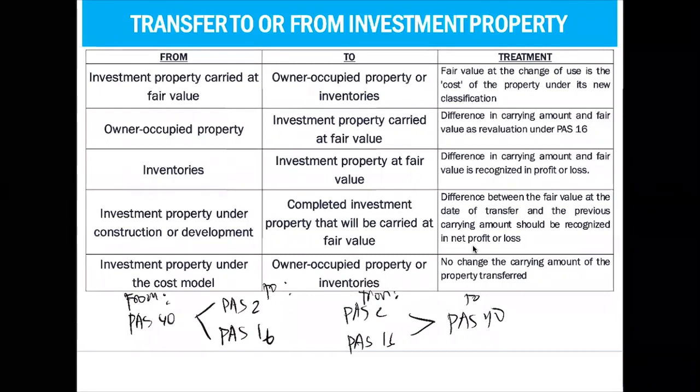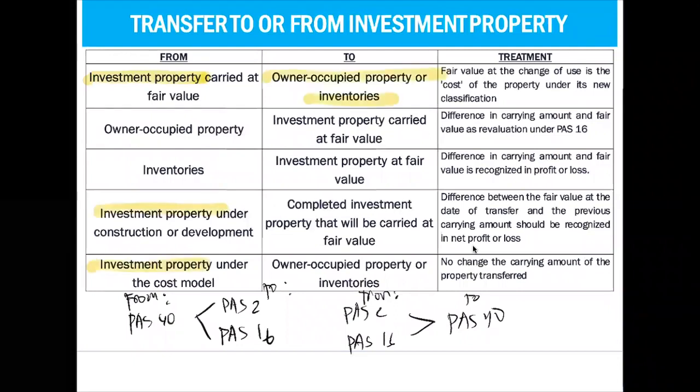If it's from investment property to either owner-occupied property or inventories, you will treat it at the fair value at the change of the use. So whatever is the fair value at the change of the use, yun yung ating investment property to inventories.